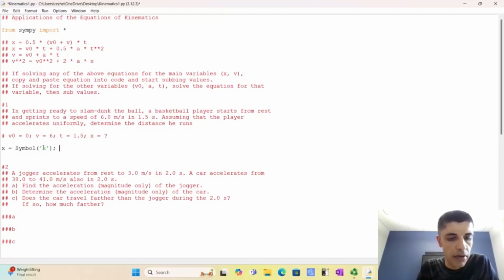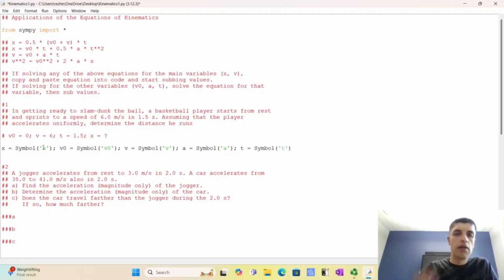So x equals Symbol('x'), and then v naught equals Symbol('v0'), and then a semicolon, v equals Symbol('v'), and then a equals Symbol('a'), and then t equals Symbol('t').